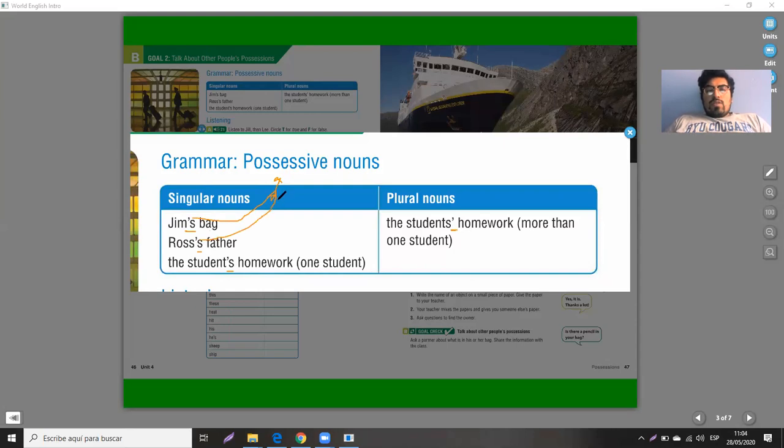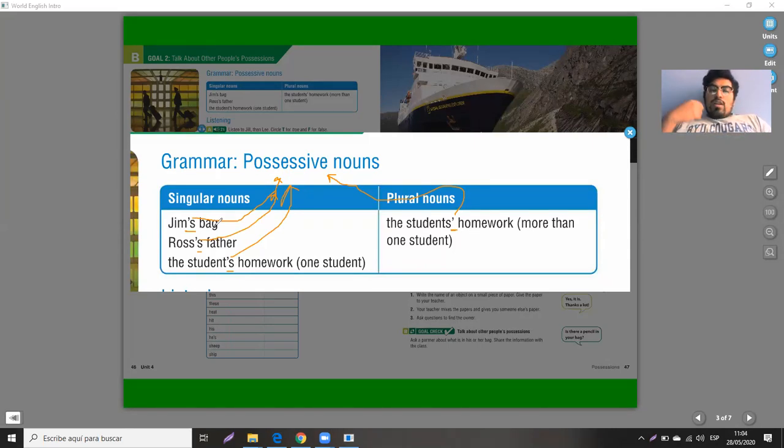Remember, possession. Okay, so in this case, how do you say Jim's bag in Spanish?